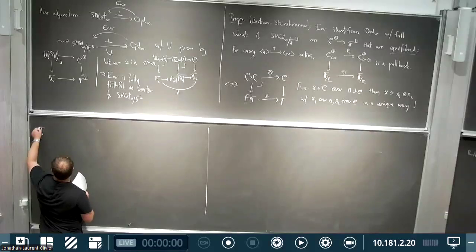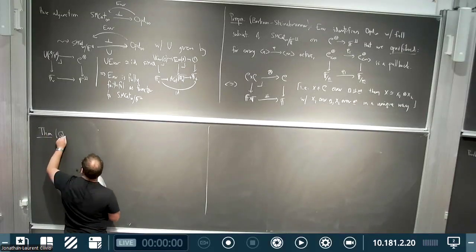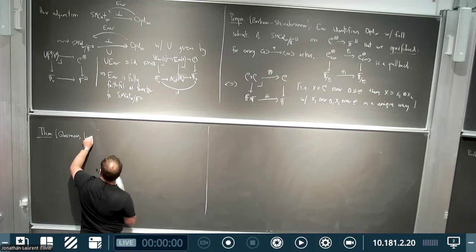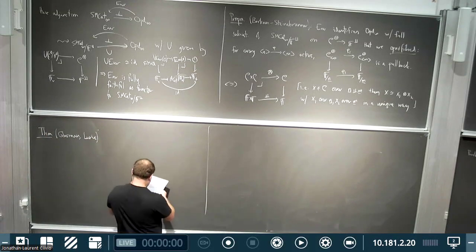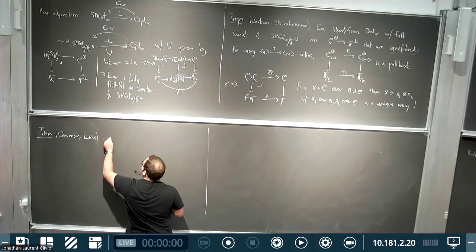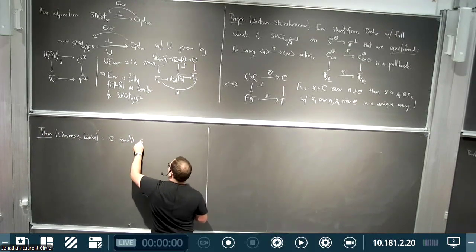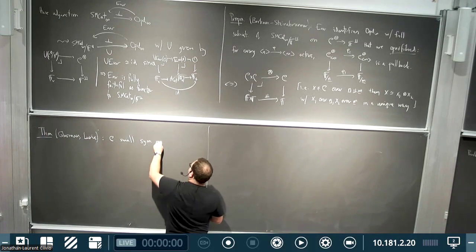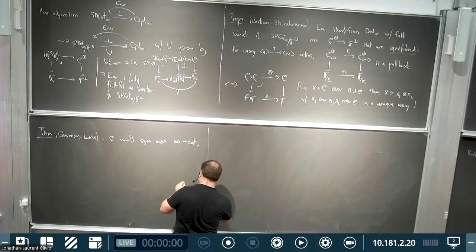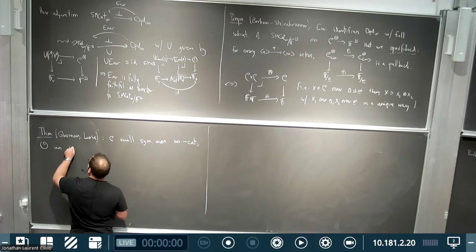We have the following. First proof in the small case and more generality by Lurie in the final version of Higher Algebra. So let's say that C is a small symmetric monoidal infinity category and O is an infinity operad.